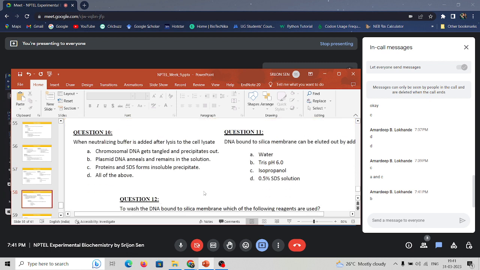Okay. When neutralizing buffer is added after lysis to the cell lysate, what happens?